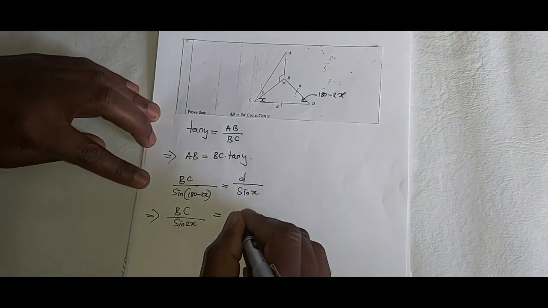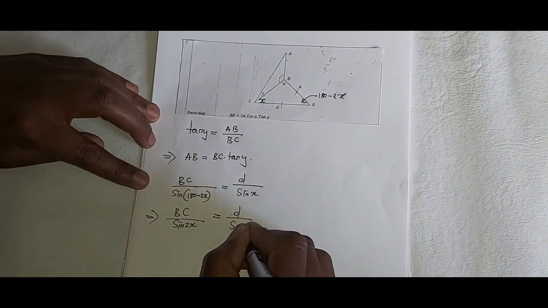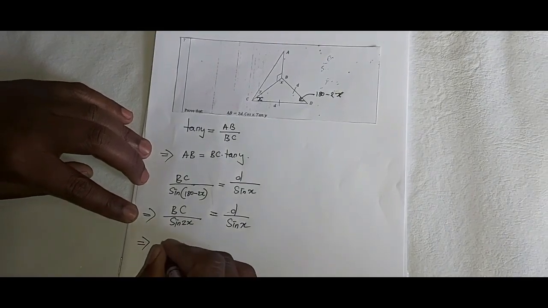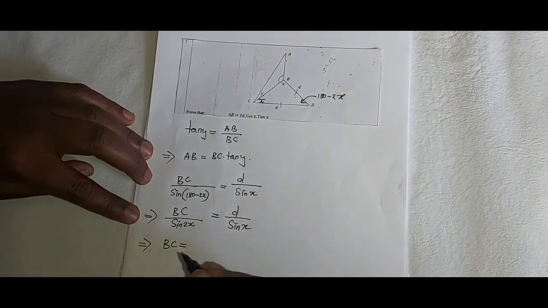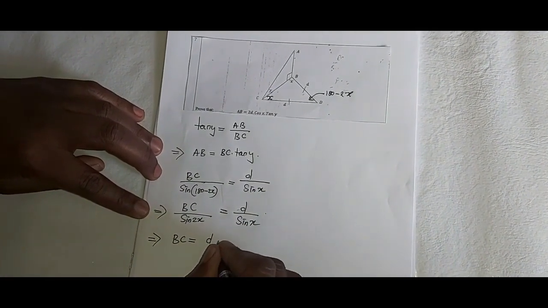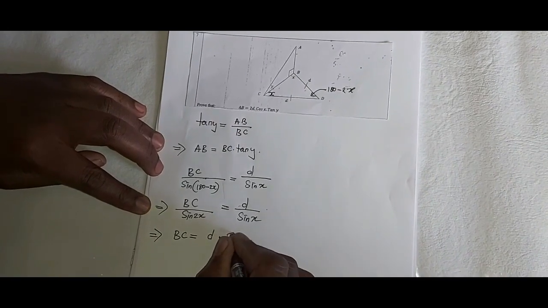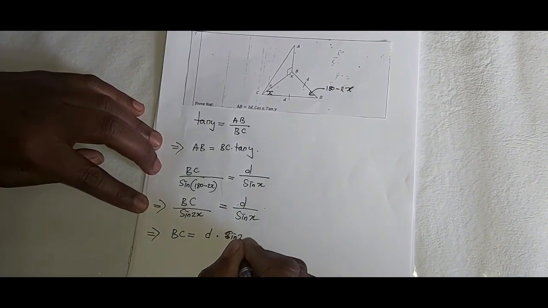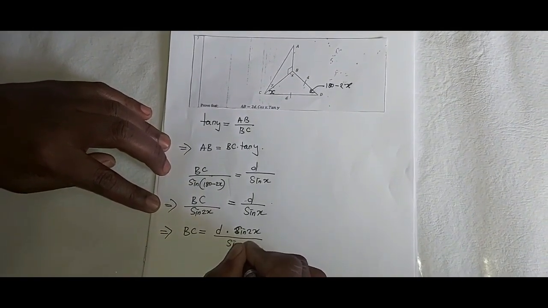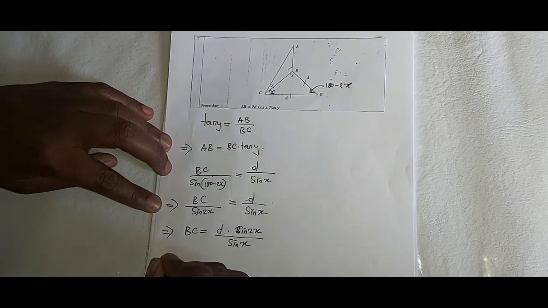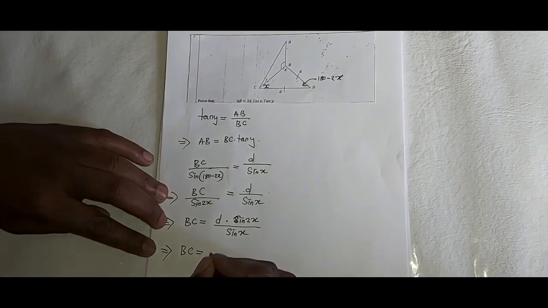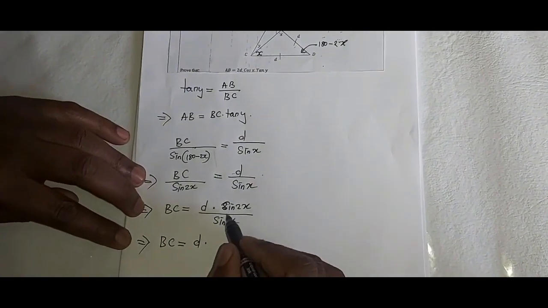So BC over sine 2x is equal to d over sine x. Going forward, BC is equal to d multiplied by sine of 2x over sine of x.